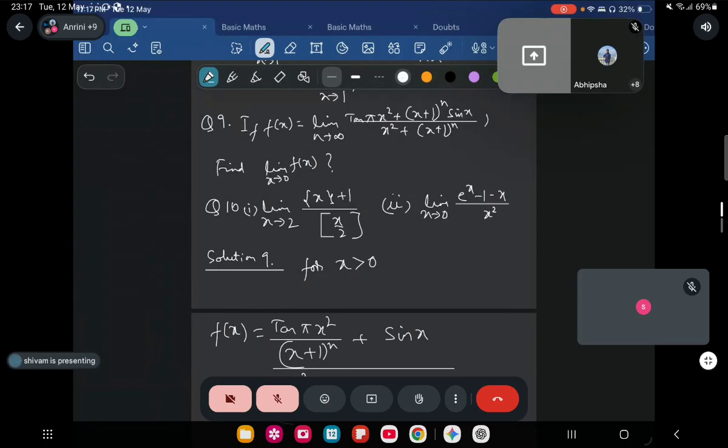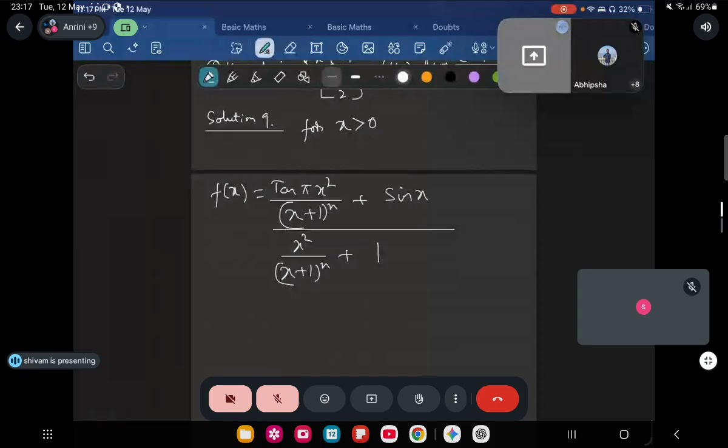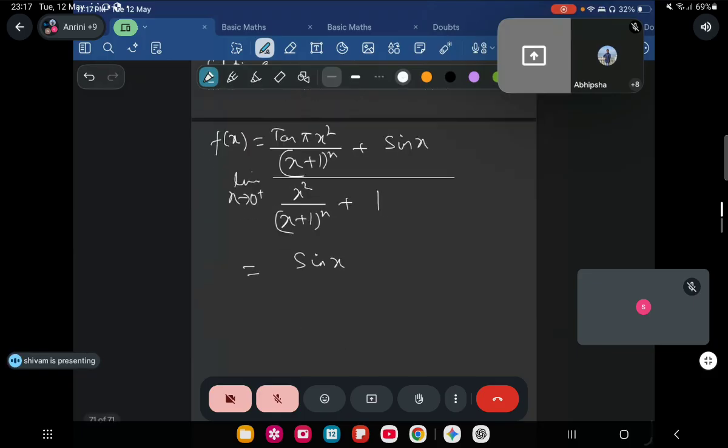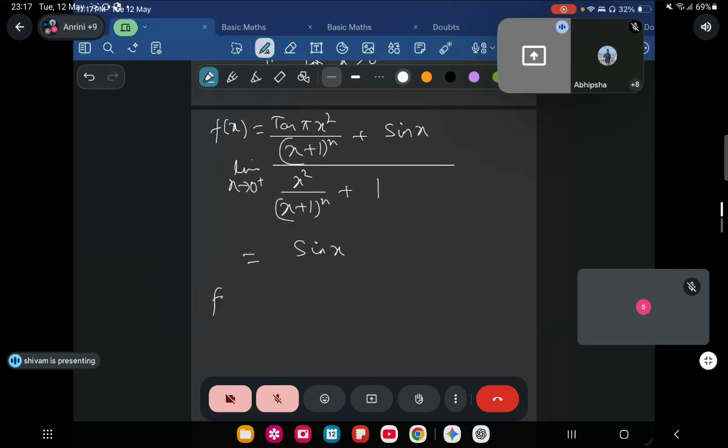So everyone, this is limit x tends to 0 plus. This will become sin x.